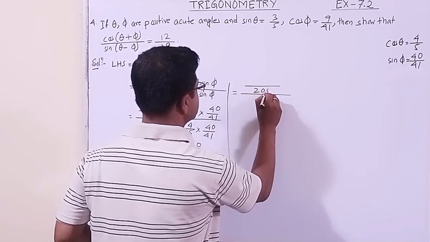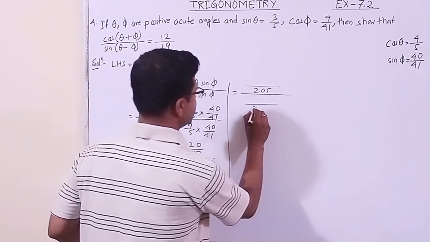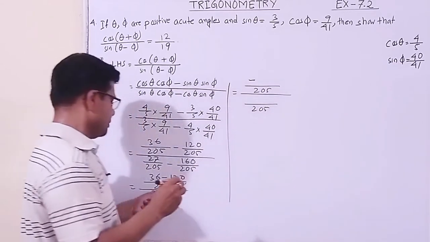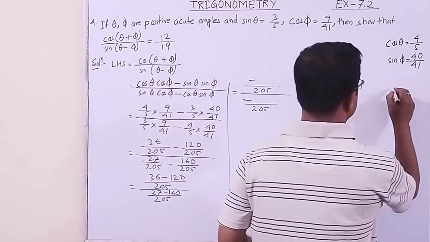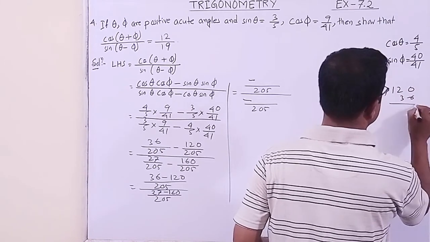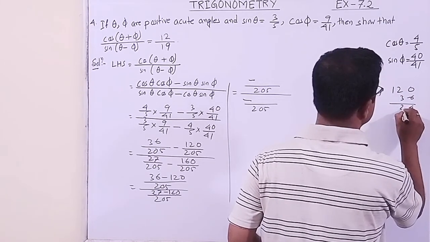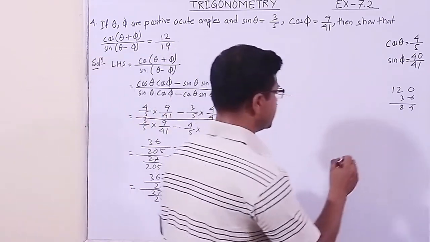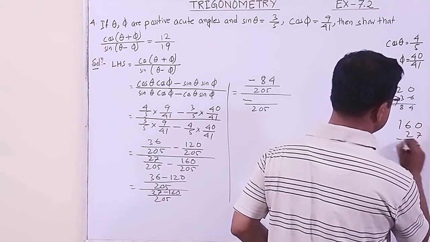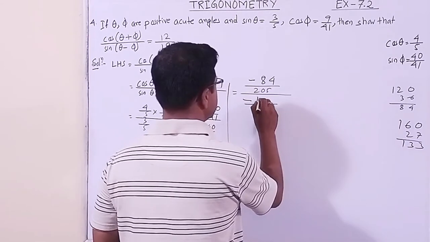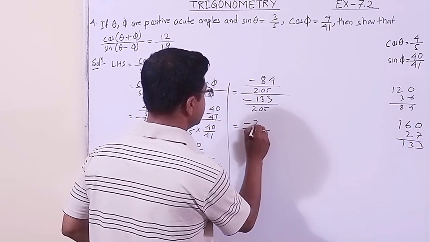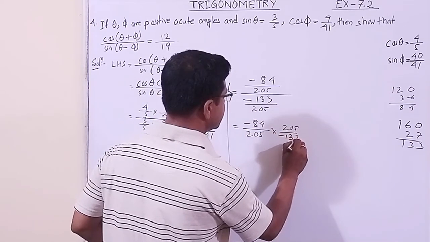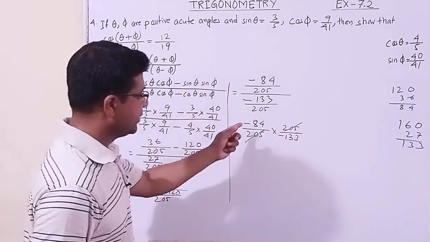The denominator in both cases is 205, so we shall cancel it. The numerator is 120 minus 36, which is 84, with a minus sign, and the denominator is 160 minus 27, which is 133, also with a minus sign. The negative signs cancel.